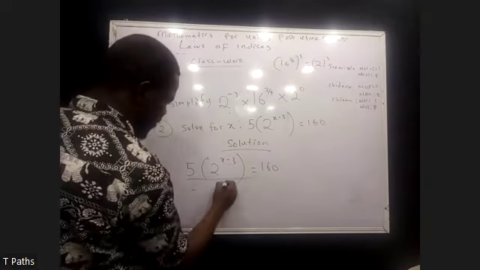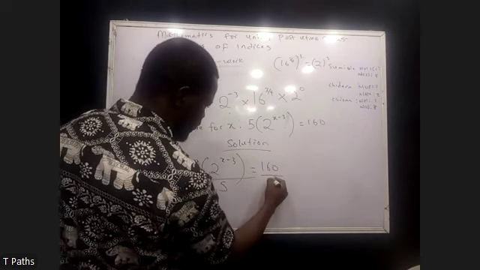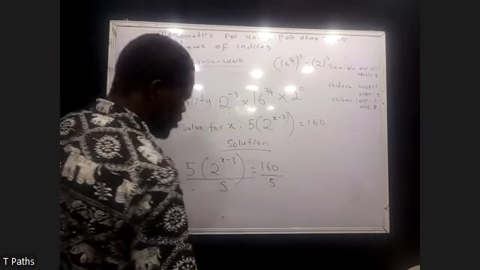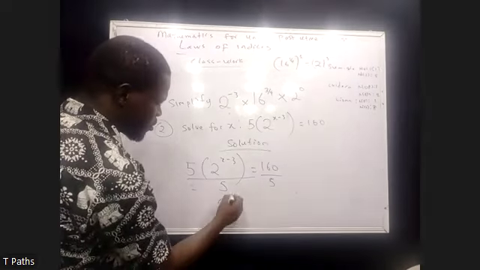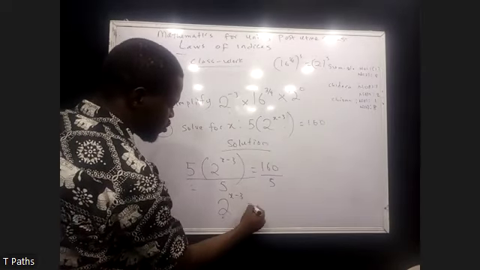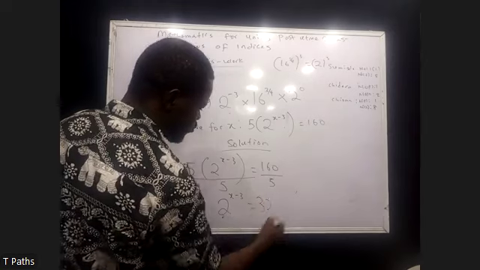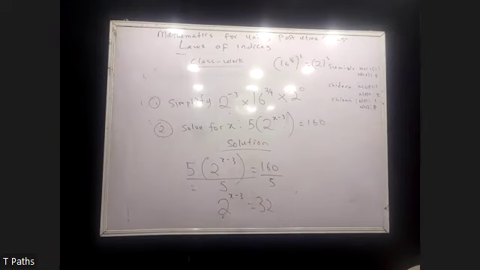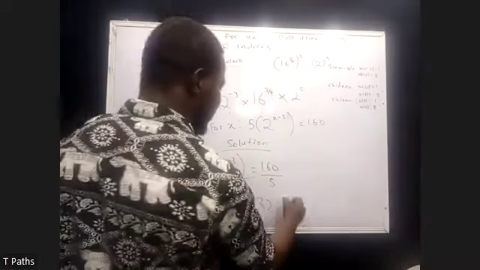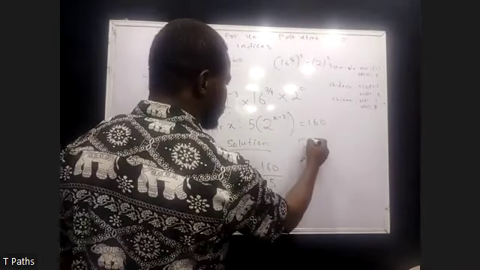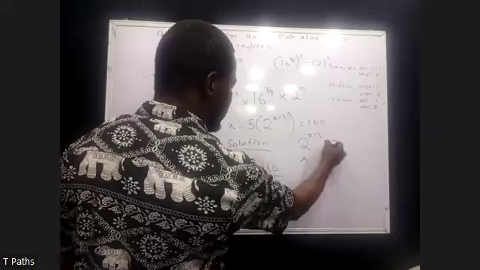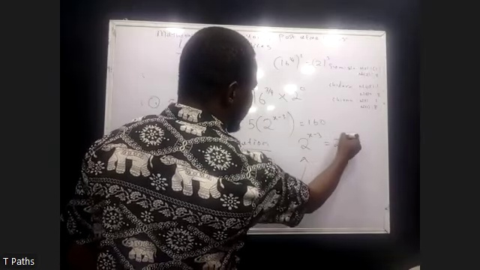You divide both sides by 5. Then you have 2 raised to power x minus 3 equals 32. Then 32 is 2 raised to power 5. So the next step, 2 raised to power x minus 3 equals 2 raised to power 5.